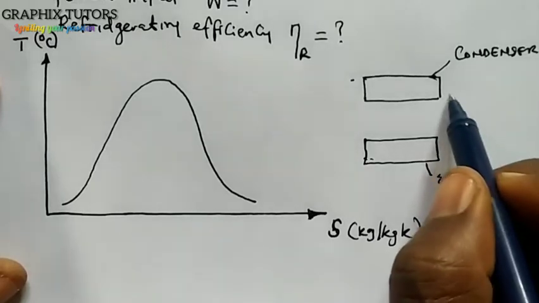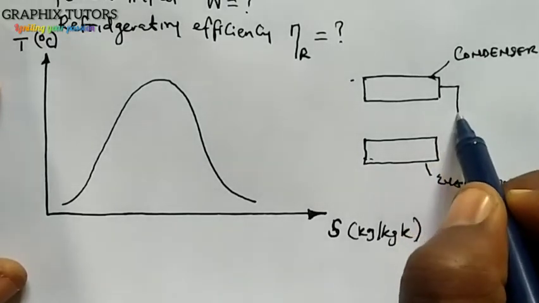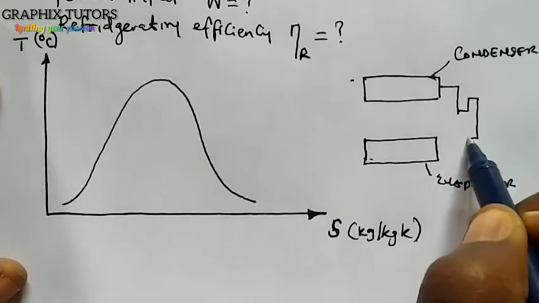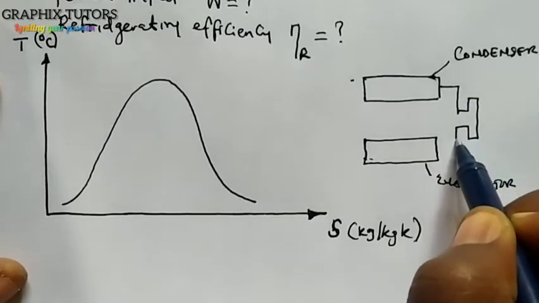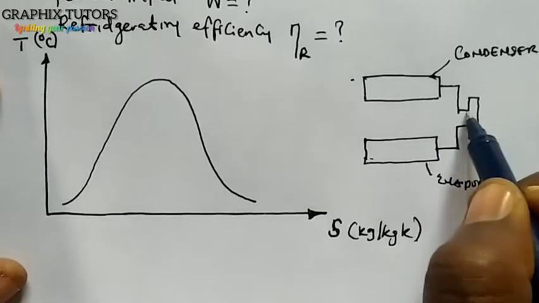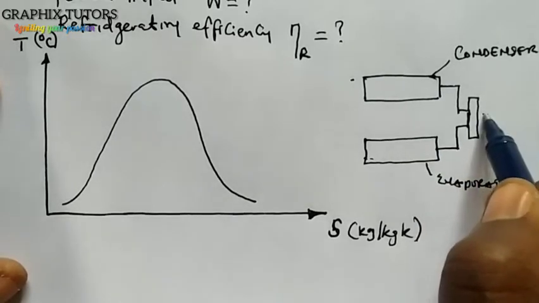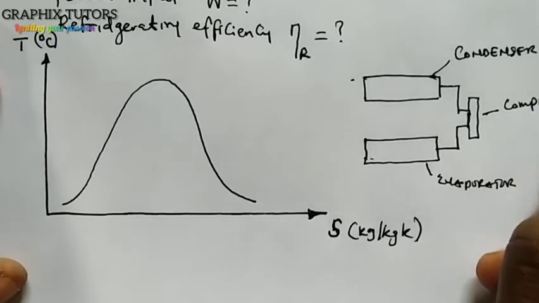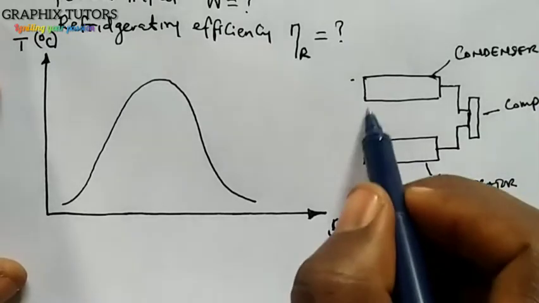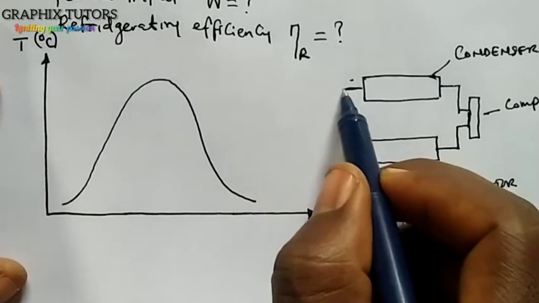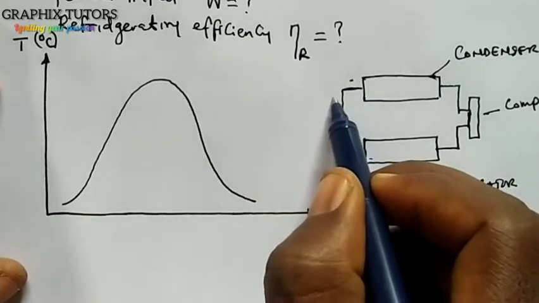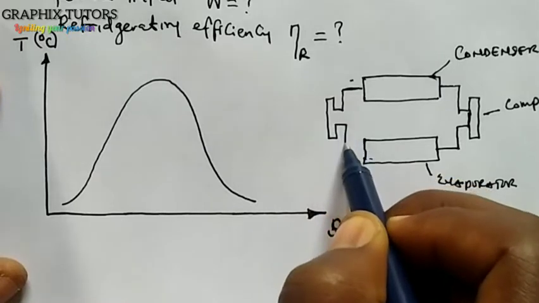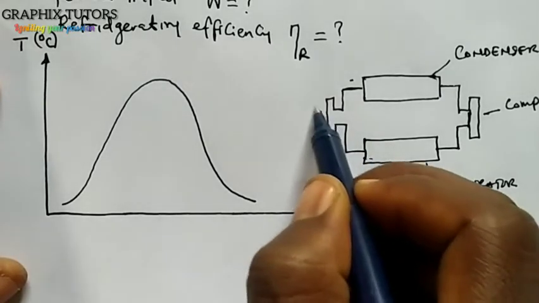We have this connected in this way, and that will give us our compressor. Now this connected in this way will give us our expander.